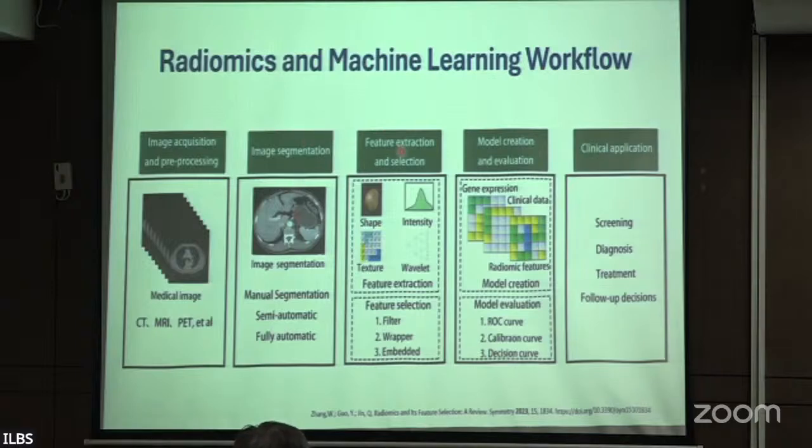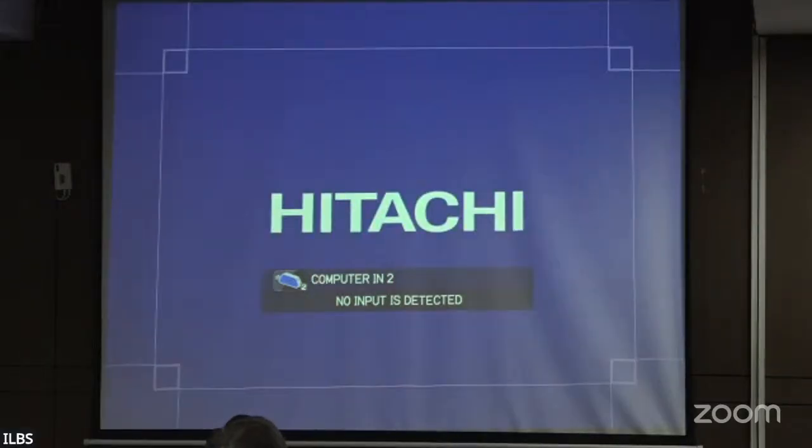Next is the feature extraction. We now have the exact area in the image, and now we have to collect different representations of the area. That representation can be shape in 3 dimensions. Think about a lung nodule, or think about an HCC developed in the liver.